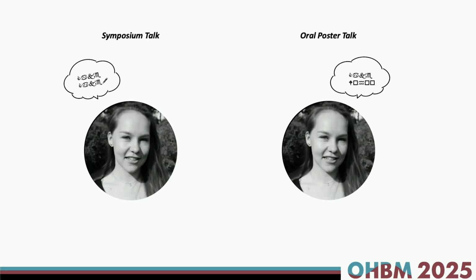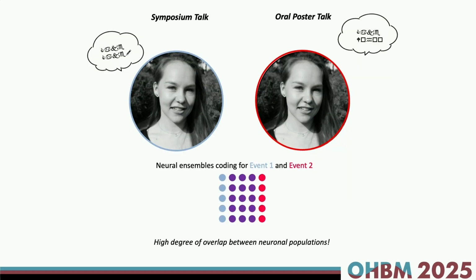I have no disclosures. And some of you might have a very strong feeling of déjà vu right now, because I also gave a talk at the symposium this morning. And this very neatly brings me to the topic of my talk, namely that of pattern separation.